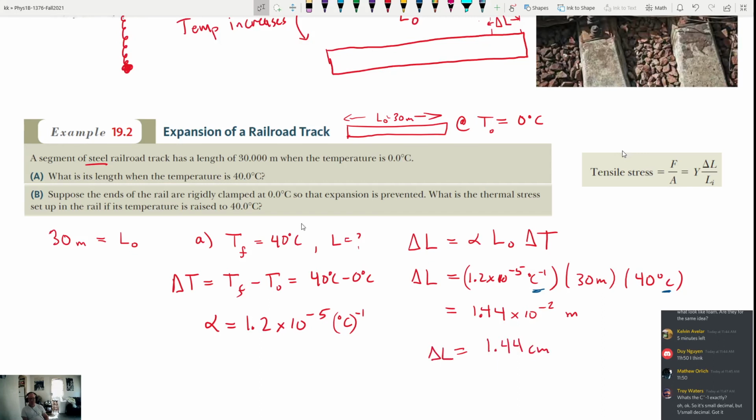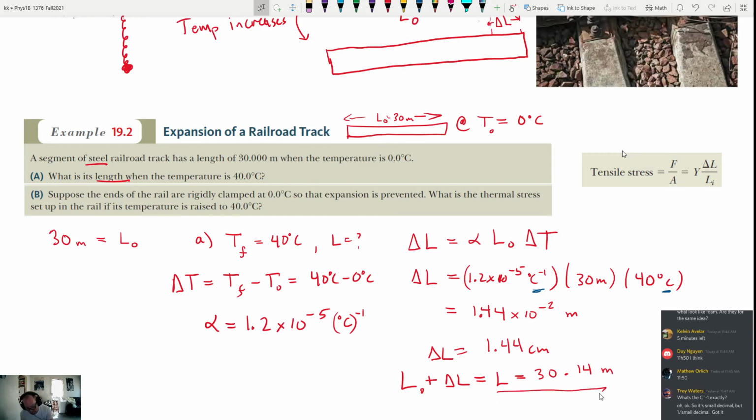So that's not the answer, though, right? Because it says, what is its length? So to find its length, we have to actually take L naught plus delta L to get the total new length, which will be, it started off at 30.000 meters. It's now going to have a length of 30, and it's going to change this digit.